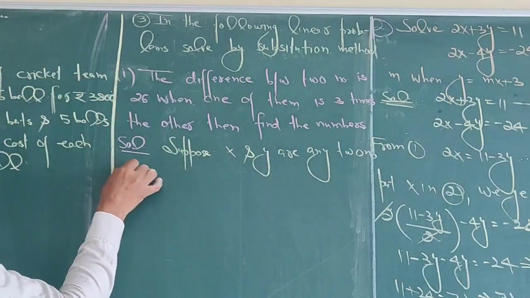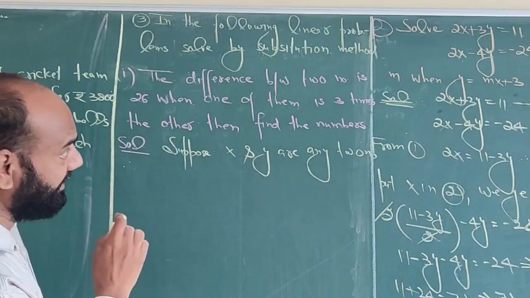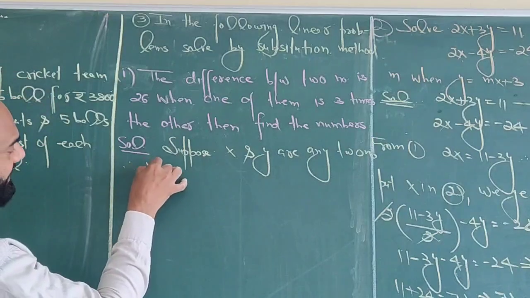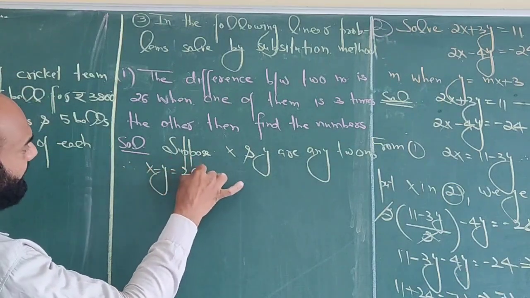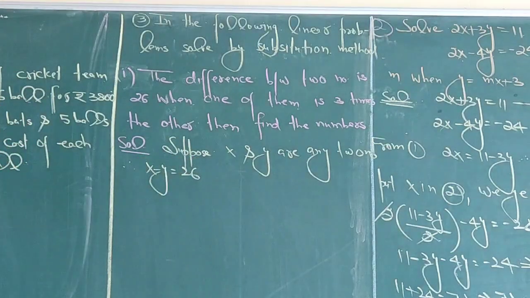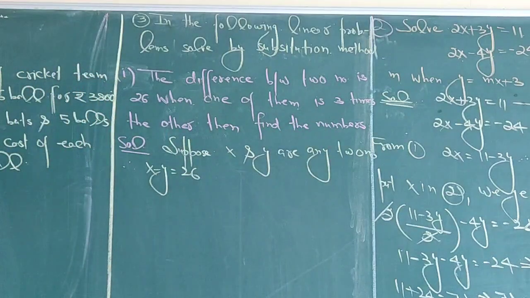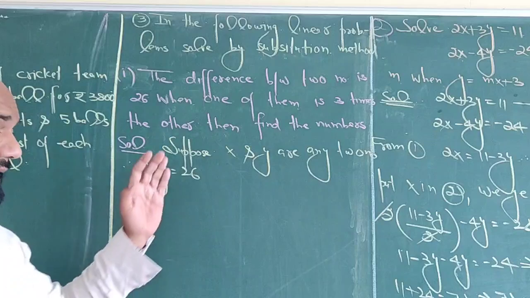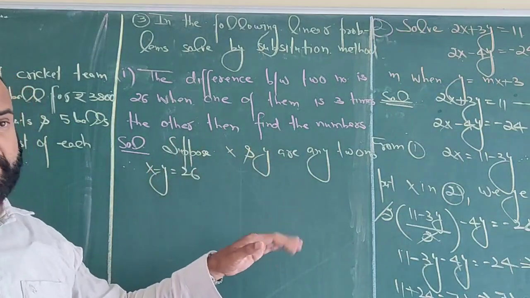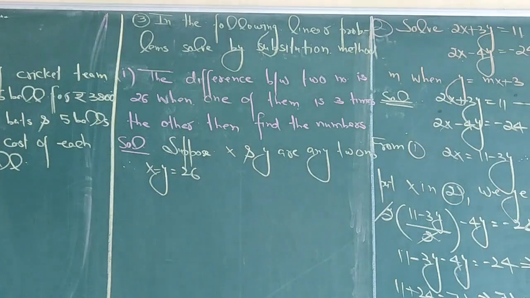Now according to the first condition, the difference between two numbers is 26, so x minus y is equal to 26. And the second condition is that one of them is 3 times the other, because we have two numbers x and y. So either x equal to 3 times y or y equal to 3 times x.